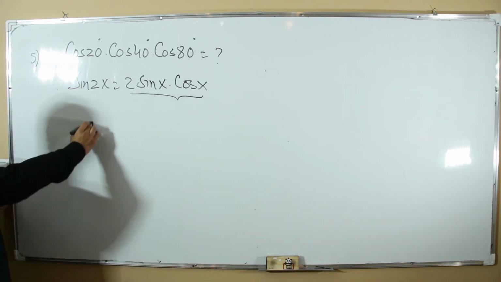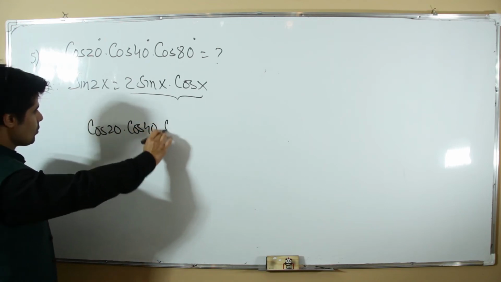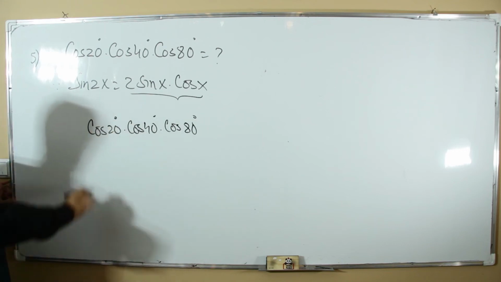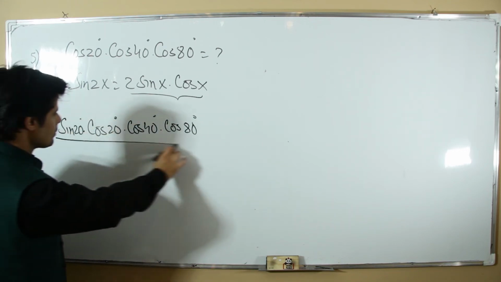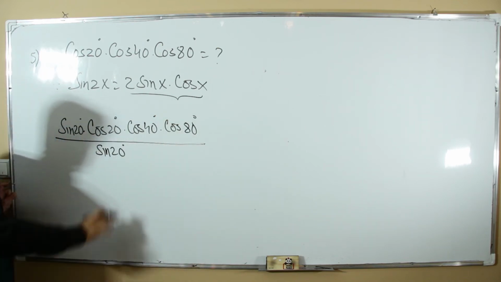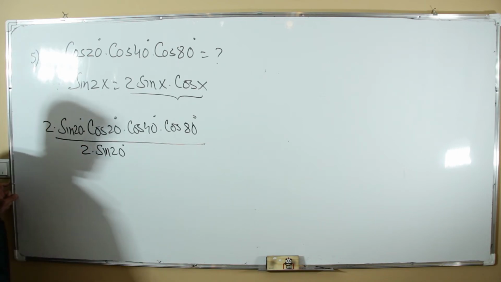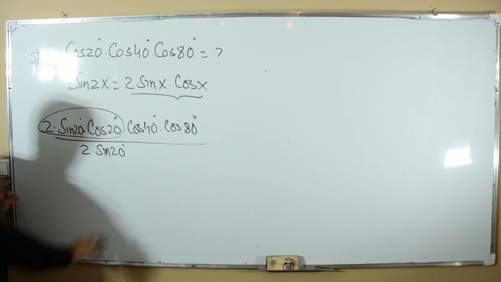I mean, if I have cosine 20 times cosine 40 and cosine 80 degree, can I write here sine 20 and one sine 20 here? Yes, we can do it. It can be cancelled. Can I put 1 by 2 here and 1 by 2 here? Yes. So this is sine 2x.